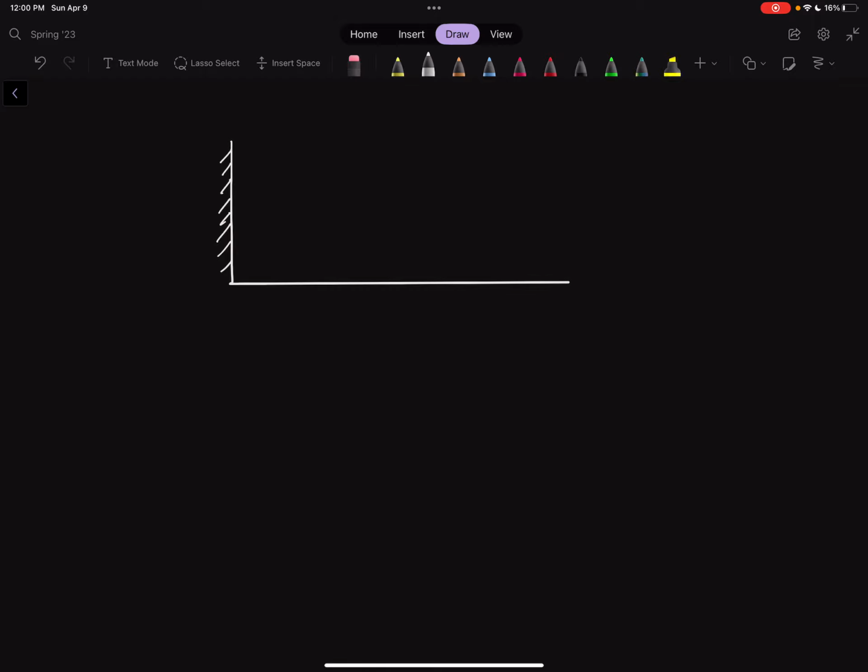Now, let's say that we have a spring here. So this is a spring that has a spring coefficient of K1, and that is tied to a mass right here. And it has wheels, so it's frictionless.